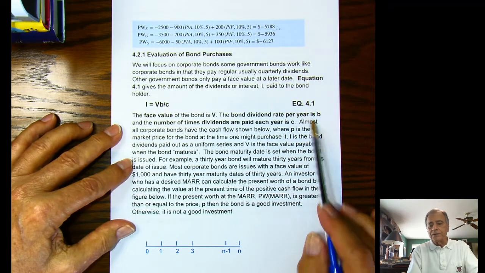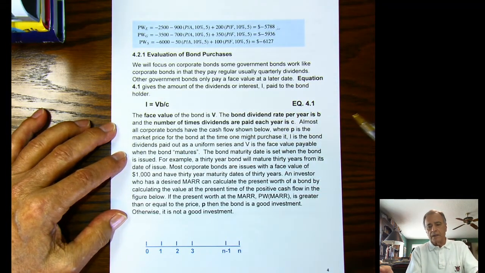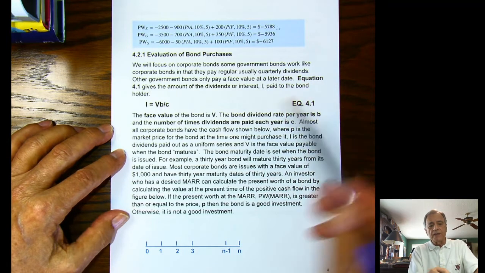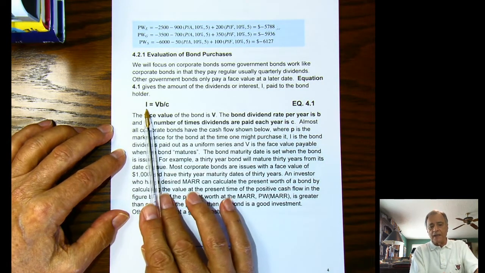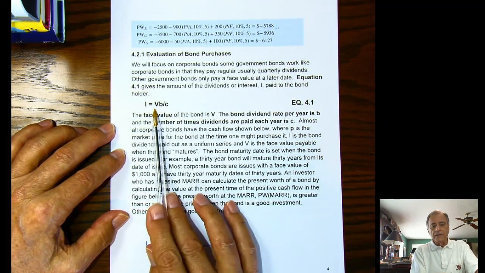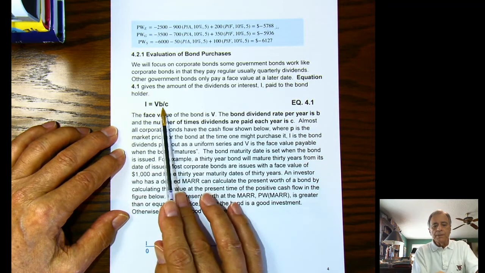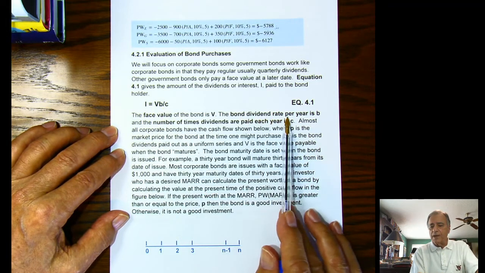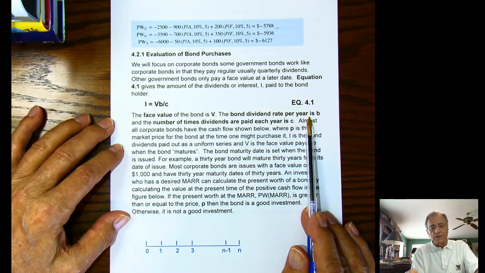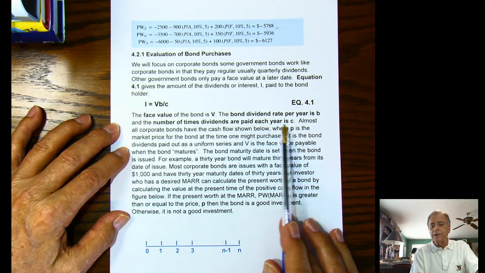The author gives equation 4.3 that represents the dividends or the interest payment, and that's a capital I equal to V B divided by C. V is the face value of the bond. B is the bond dividend rate per year, so it's an interest rate, and C is the number of times the dividends are paid per year.